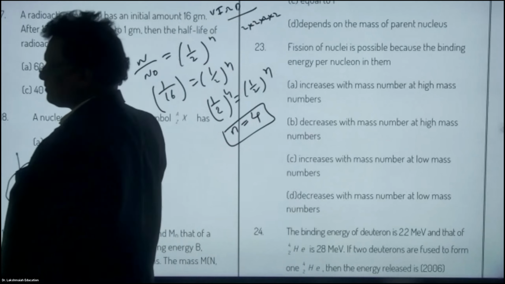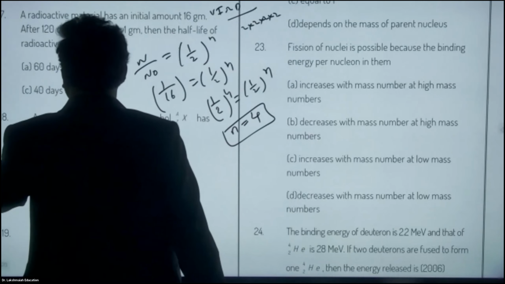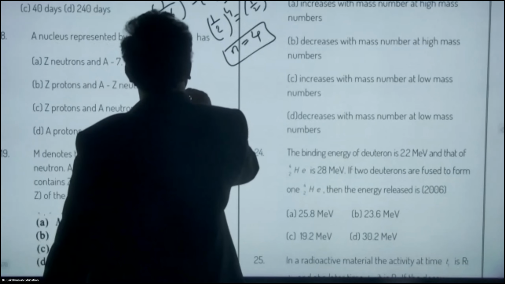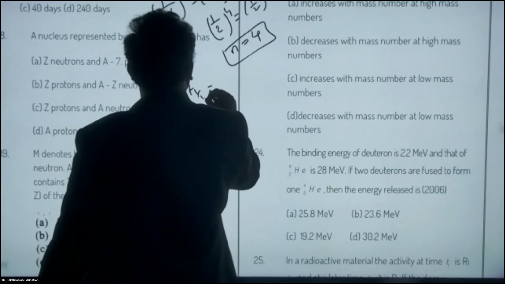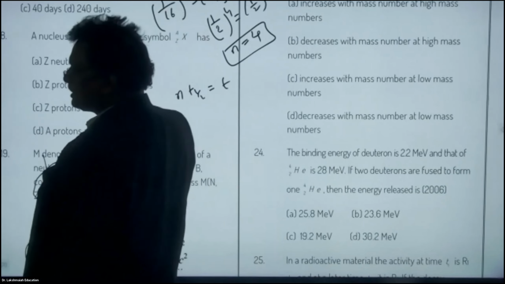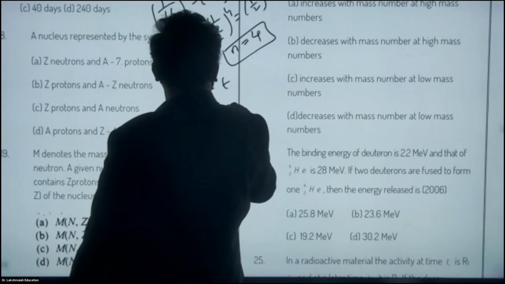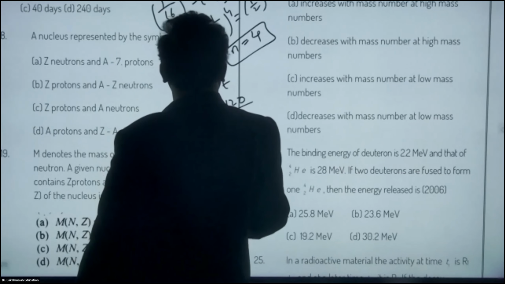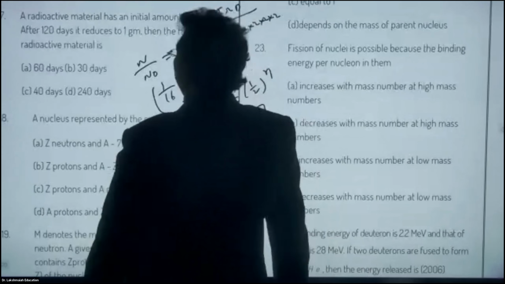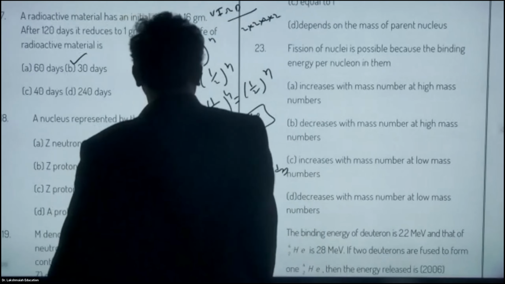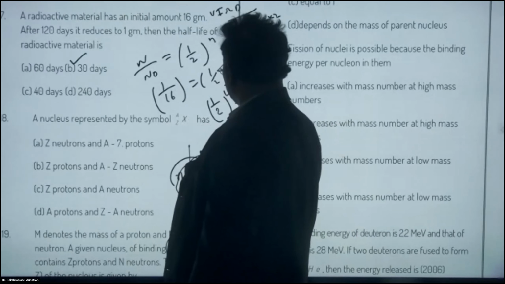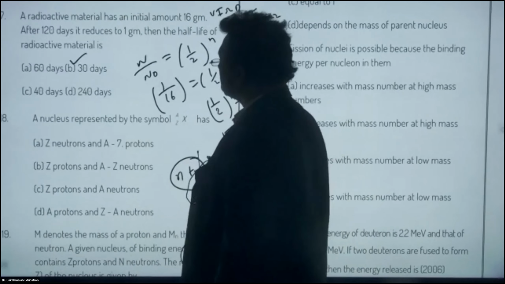Total time is n into t half. Total time they have given is 120 days, so t half you have to find. 120 divided by 4 is 30. Yes, 30 days is correct. N into half-life is equal to total time.